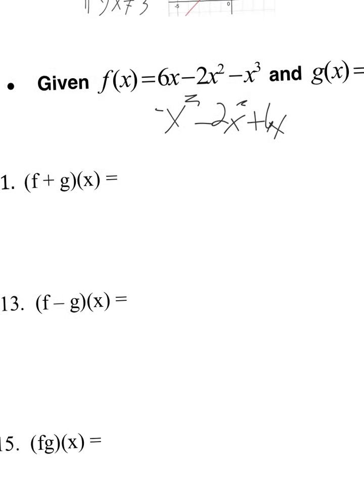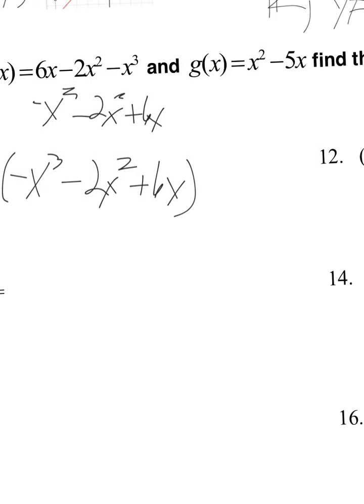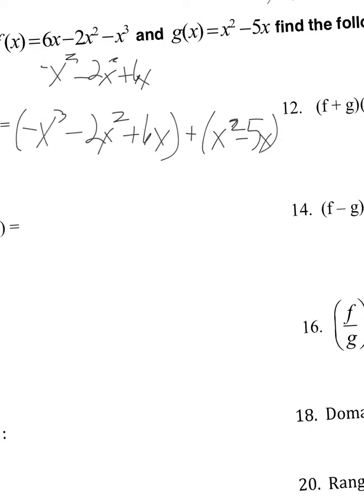So here I'm going to add the two together. That one's pretty simple, just add like terms. I'm going to plus it to x squared minus 5x. I don't have any sort of x to the third term, so it's going to stay negative x to the third.